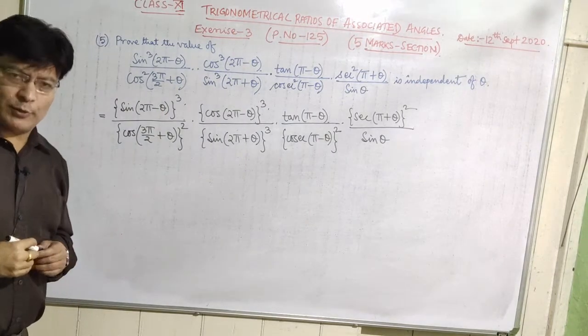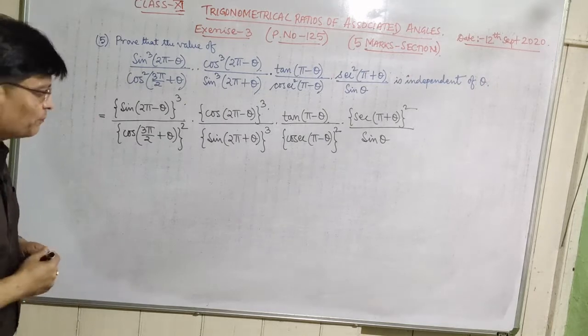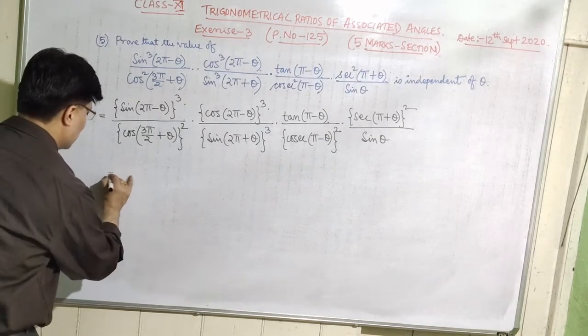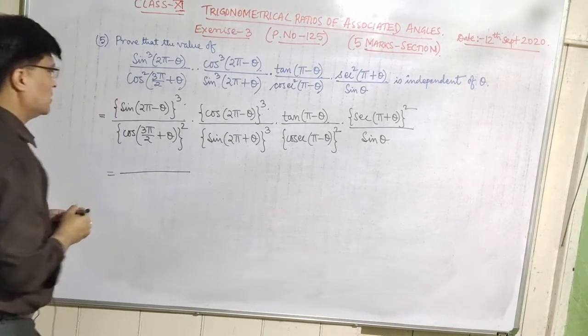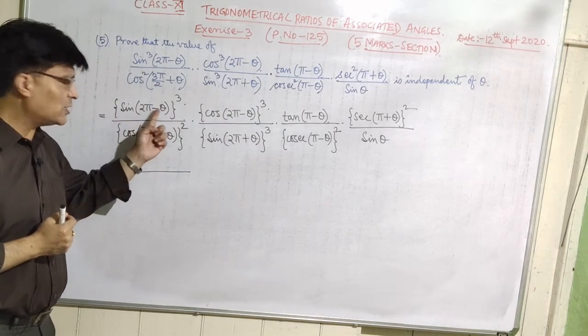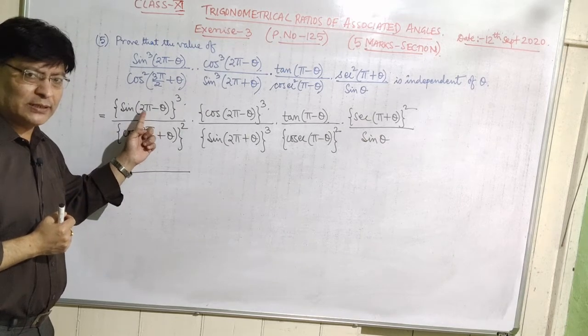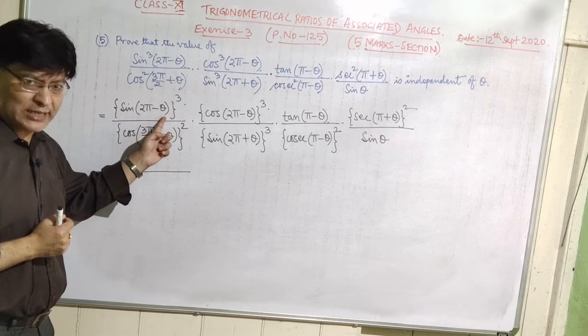So let us simplify it using the formula, right? Now you know the formula. In the numerator, what is here? Sine 2 pi minus theta. What is 2 pi? 2 into 180 degree, that is 360 minus theta.